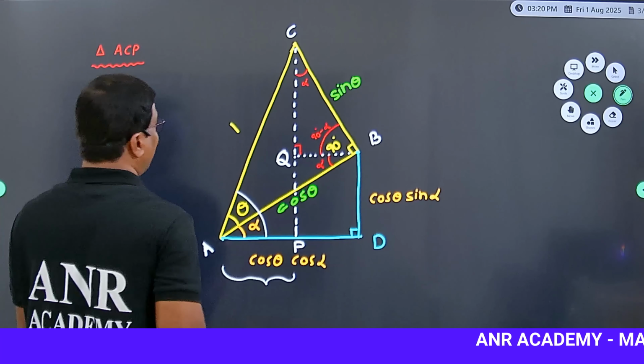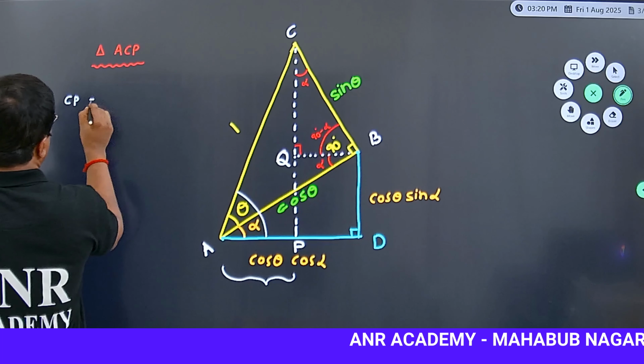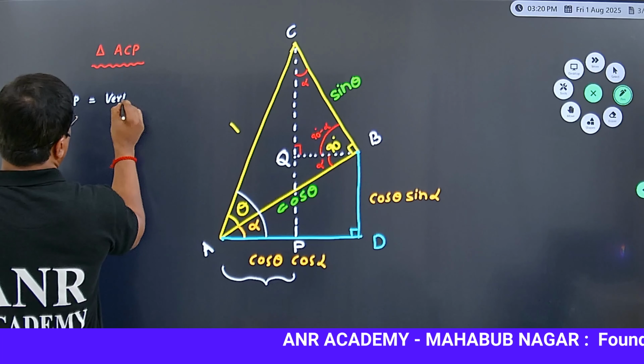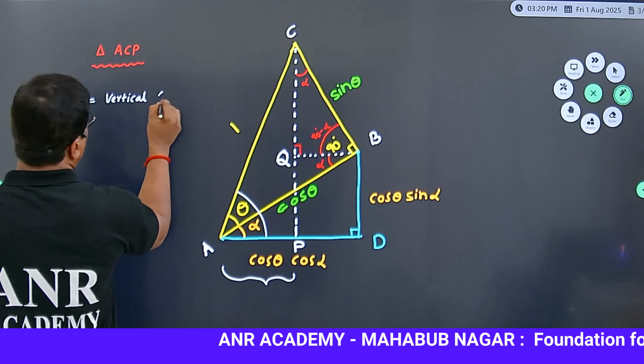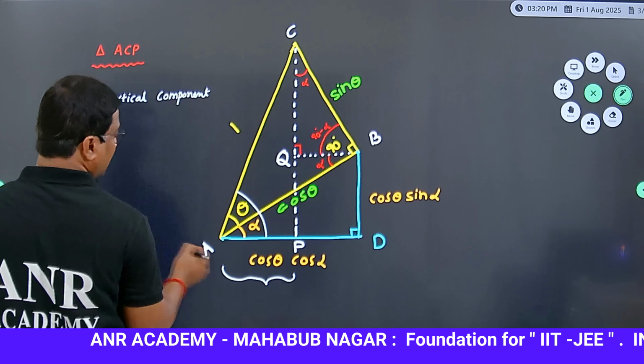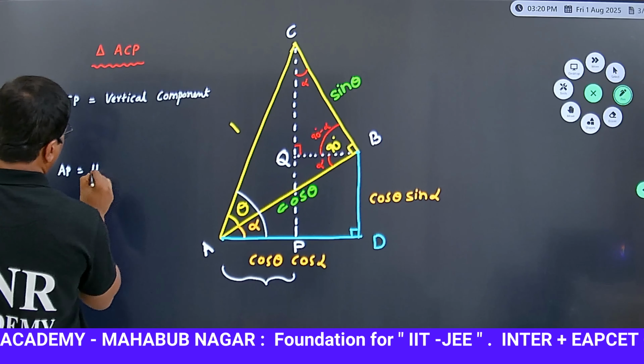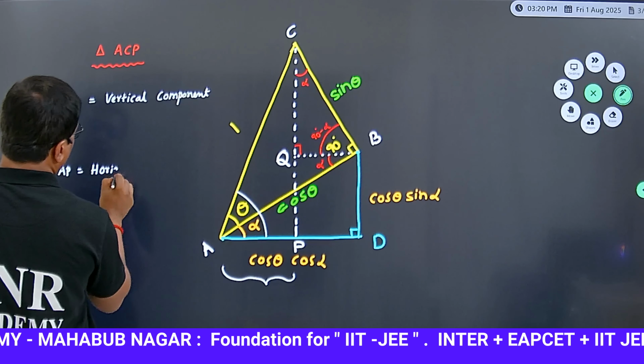C to P is clearly the vertical component. A to P, this is the horizontal component.